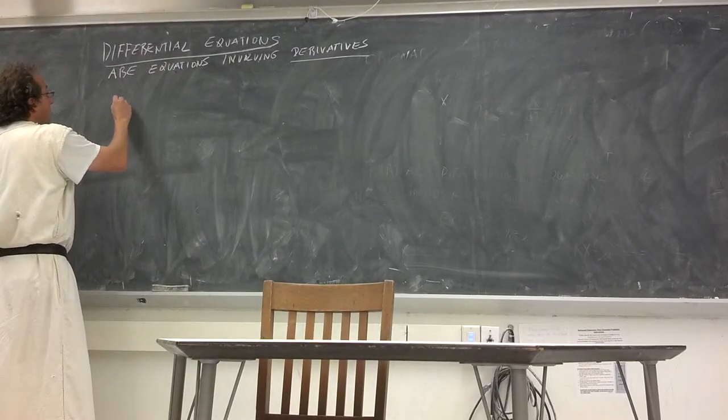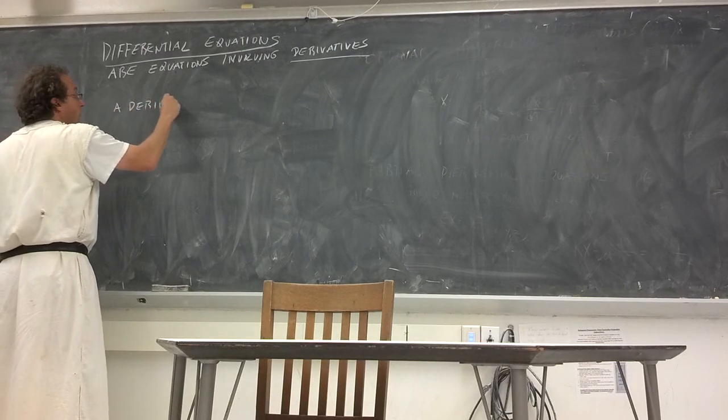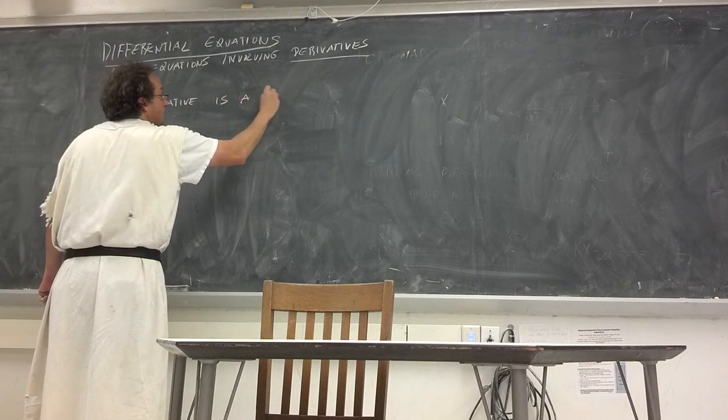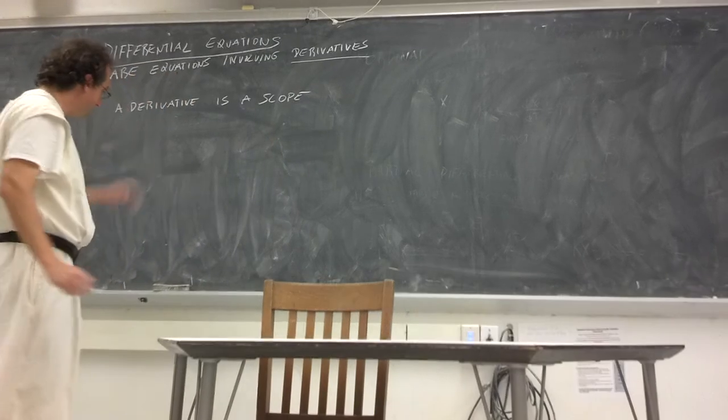What's a derivative? A derivative is a slope. That is the simplest definition.